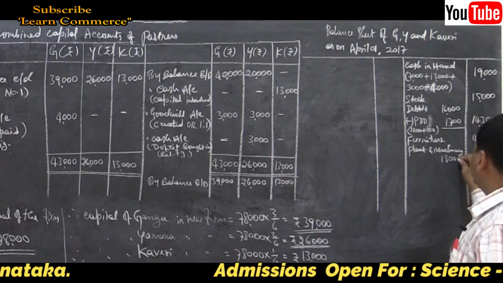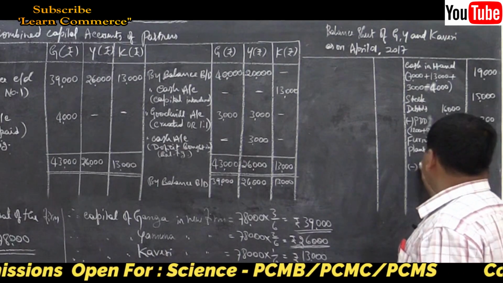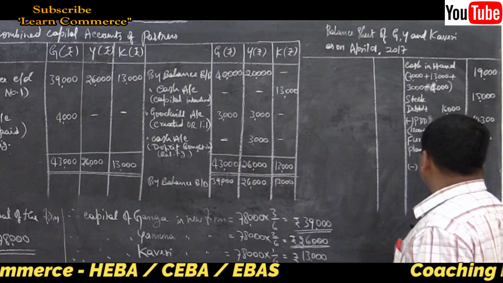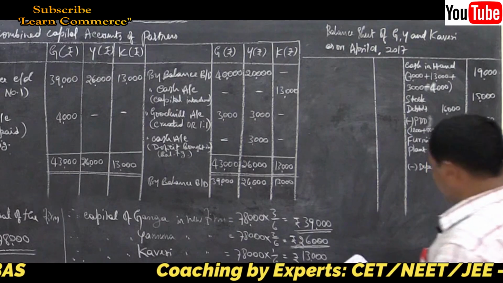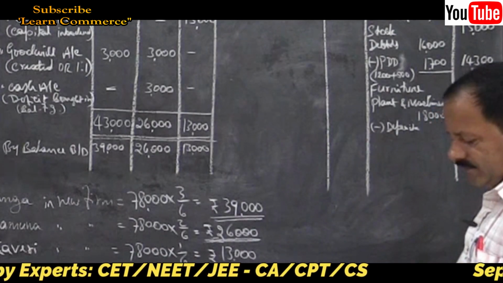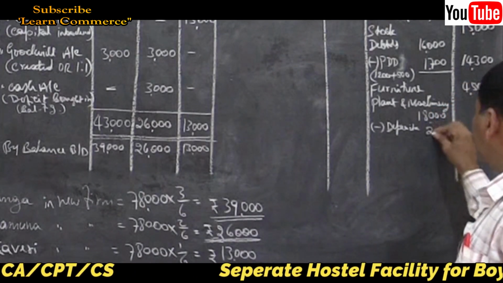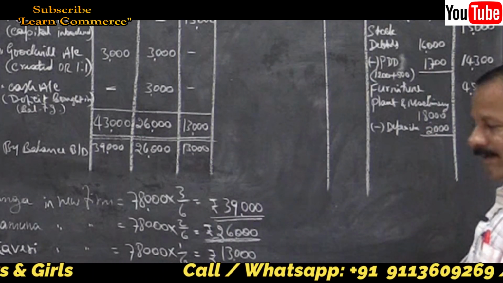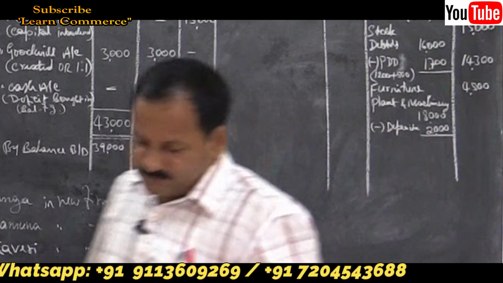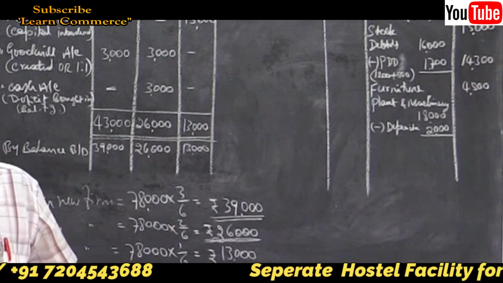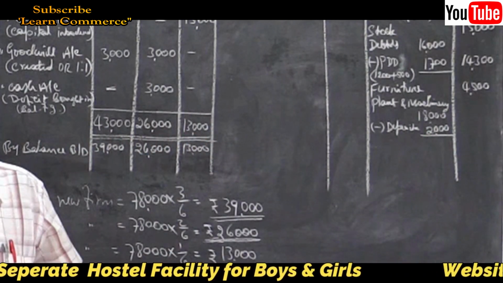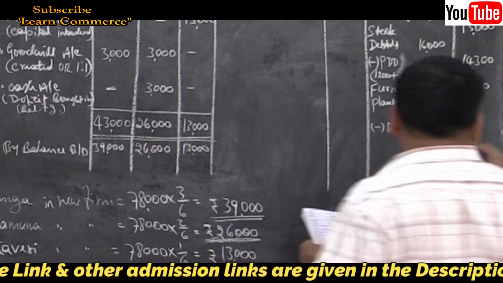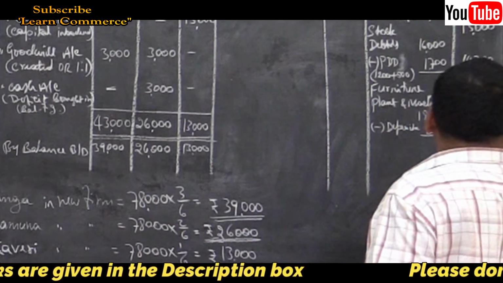Inner column less depreciation. How much is it? 2,000. Percentage is not given. Straight away amount is given, right? Plant and machinery. Yes. 2,000. Straight away it is given. So 16,000.